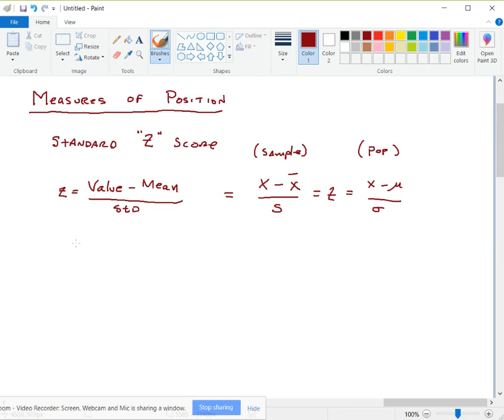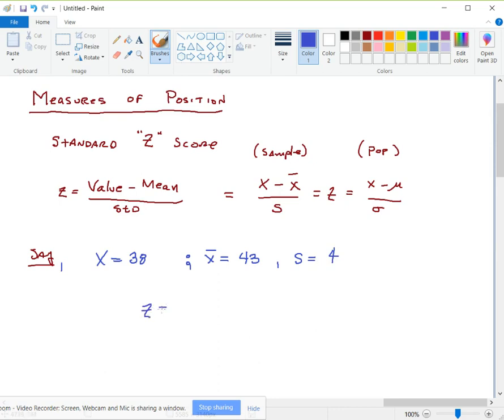So for example, let's say that our data point x equals 38. And in this data set, we have a mean equal to 43 and a standard deviation equal to 4.